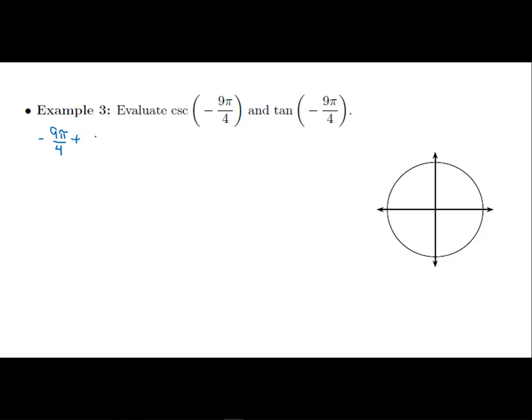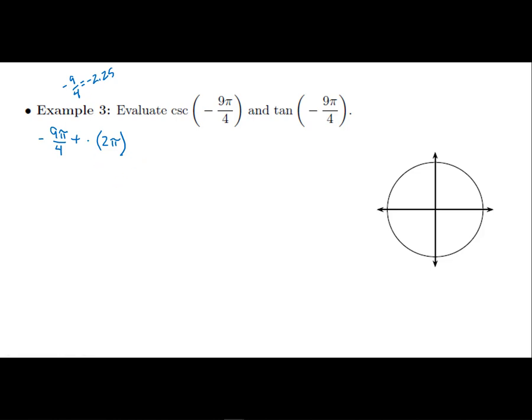So the only question here is, how many copies of 2 pi do I add? And remember, the little computation that might be nice to do is just to say, what is negative 9 over 4? Well, that equals negative 2.25. So I can see that if I added 2 pi to negative 9 pi over 4, that would not quite get me above 0.